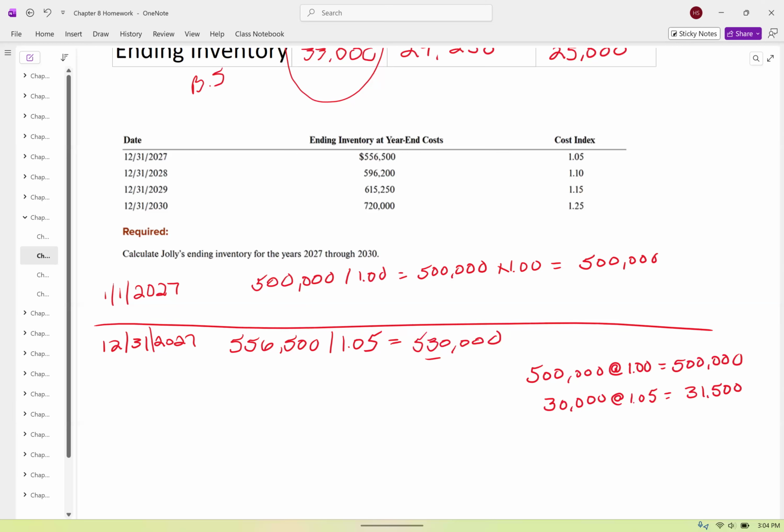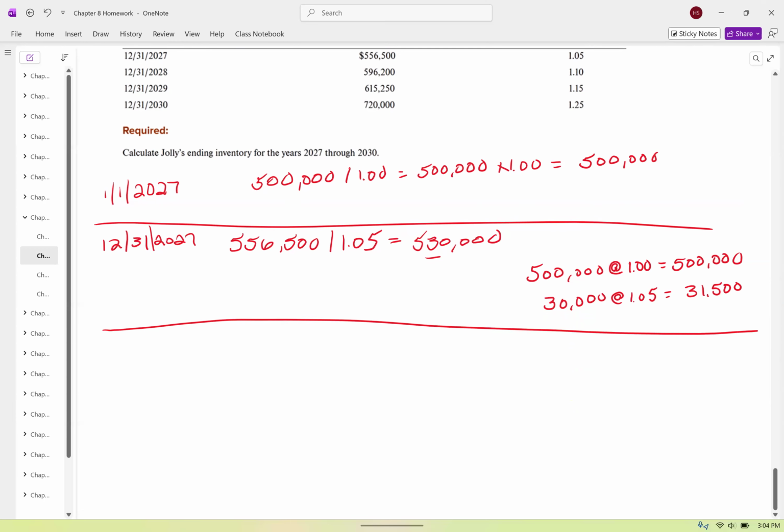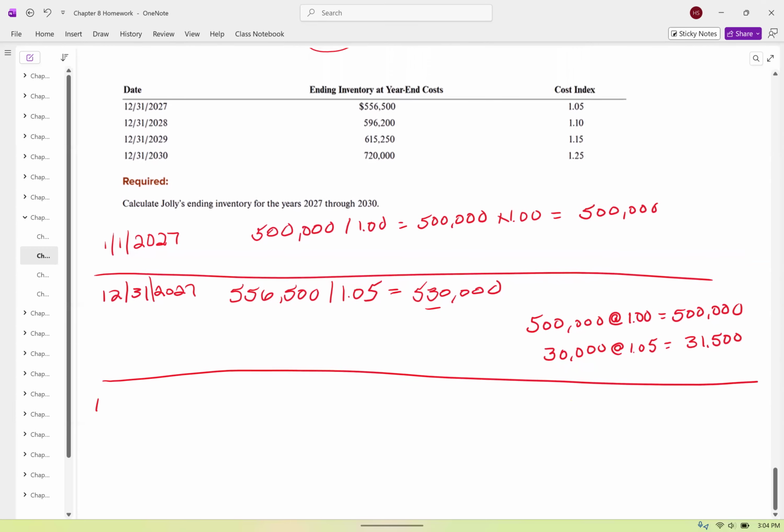The layers are going to build. So we're going to come down here to 12/31/2028. And we have 596,200.